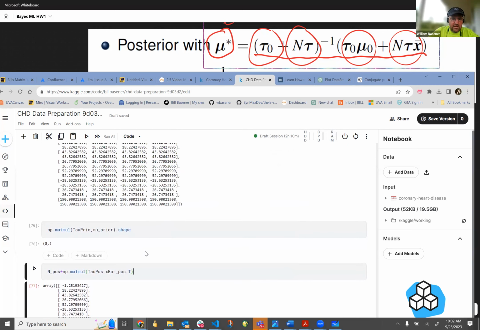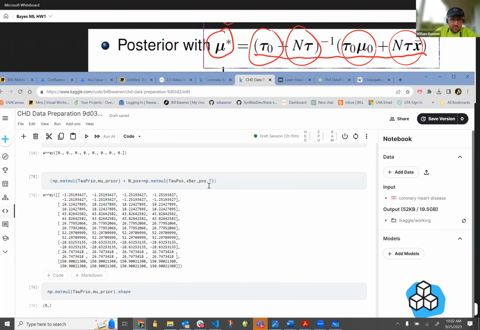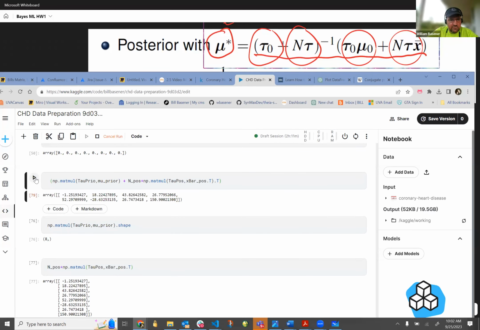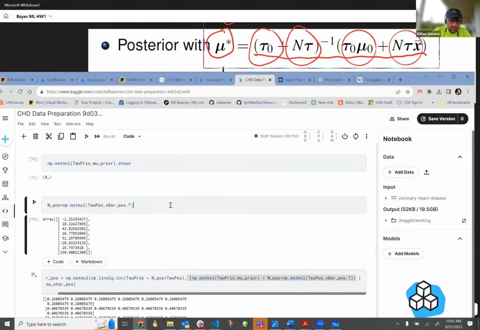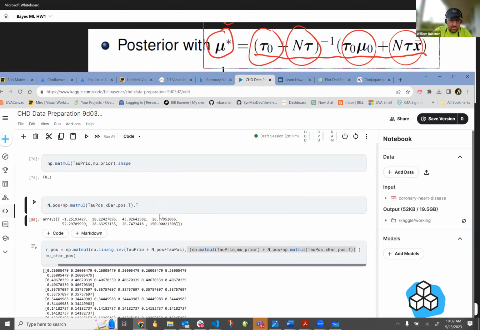So to add these together, I'm not sure the simplest way to do it, right? Sometimes I just transpose it. Yeah. So I need to transpose this back to make this a row vector. And I'm going to add it to this, which is the row vector for my prior, which is that. Okay, good.